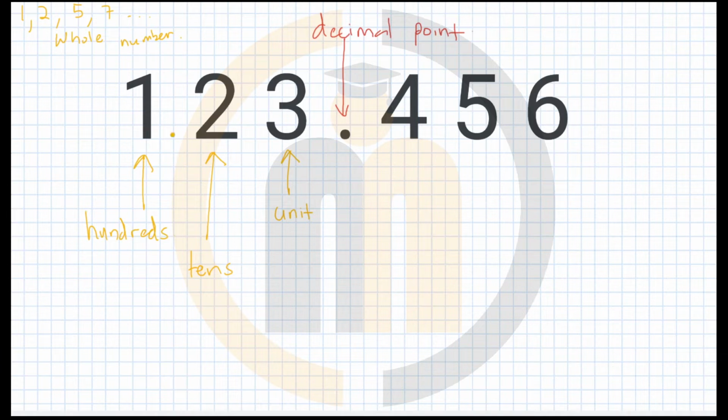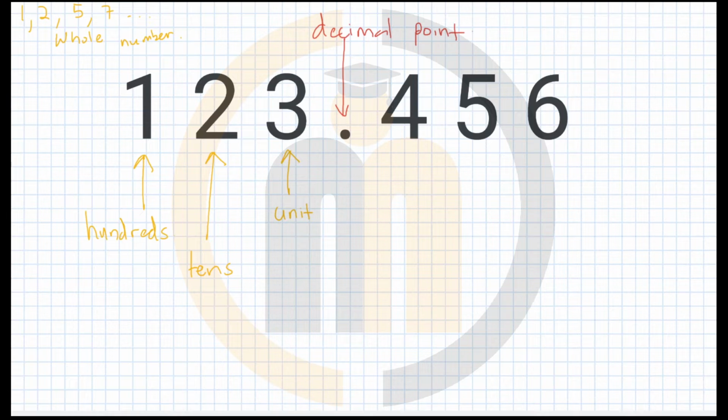So this is what we've learned before. If we ignore the whole decimal area here, this is 123. So 1 is at the hundreds position, 2 at the tens, 3 at the unit position. Now in decimals, after the point we have numbers going on, so you can see 4, 5 and 6. We refer from the number that's in the units.